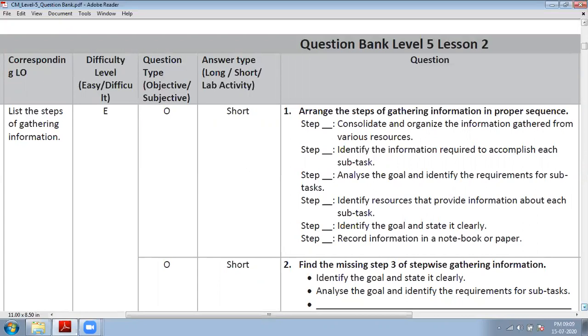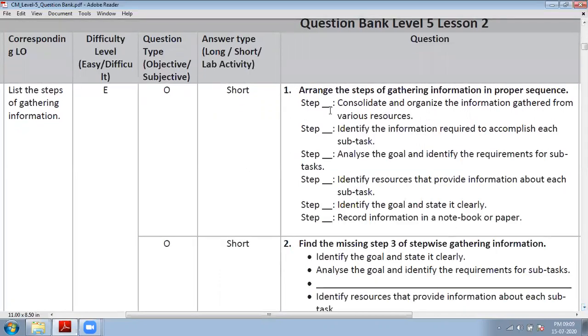So here the first question is, arrange the steps of gathering information in proper sequence. You already know that there are 6 steps of gathering information, which are given here not in a sequence. You have to make it in sequence. For example, step 1 is identify the goal and state it clearly.